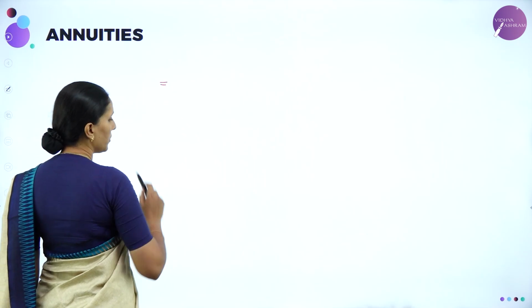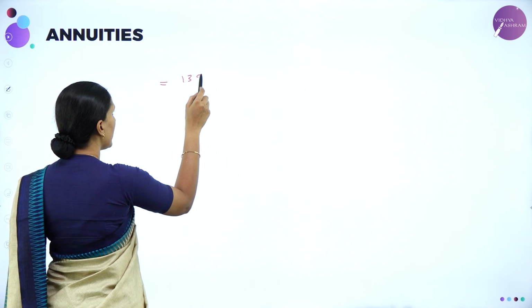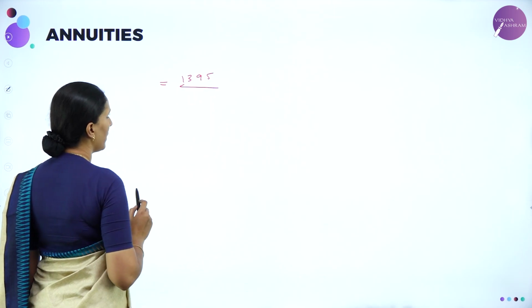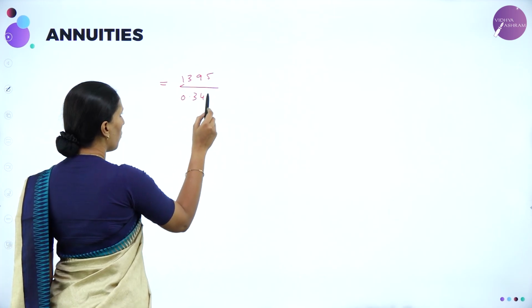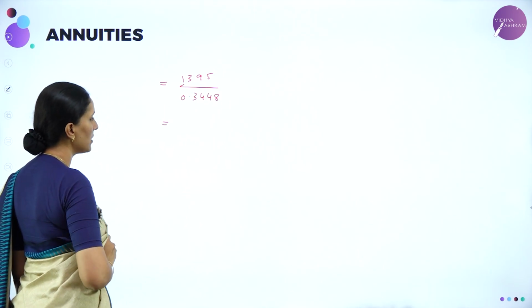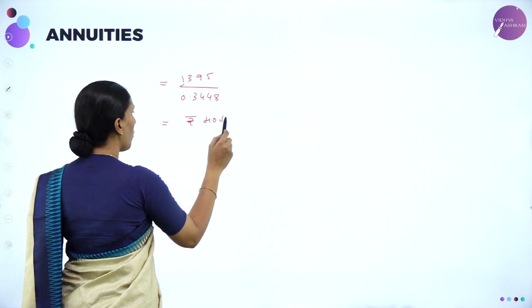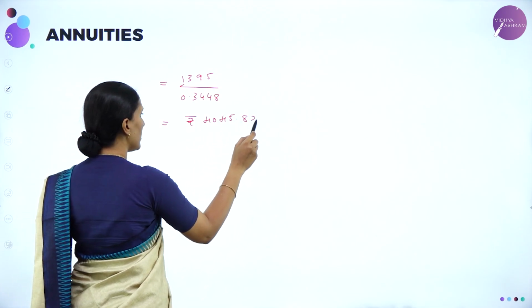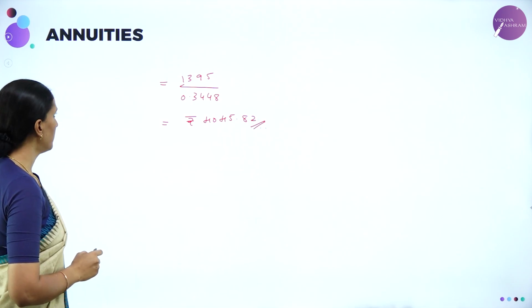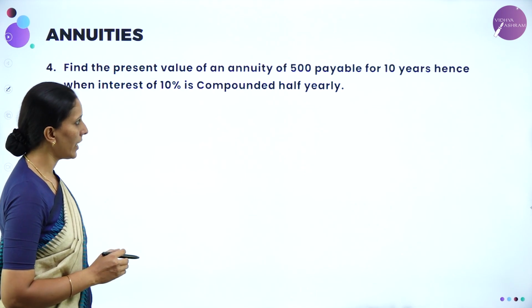So this is equal to, after multiplying the numerator, we'll get the value as 1395 whole divided by 0.3448 in the denominator. Now dividing these two numbers, we'll get an amount of rupees 4045.82.